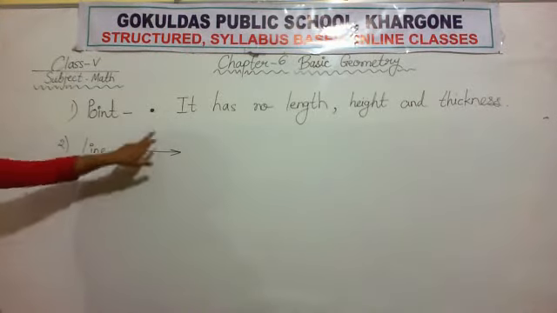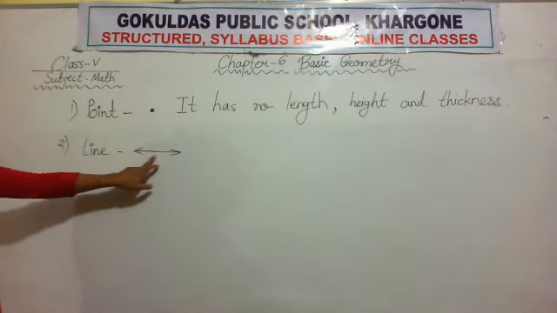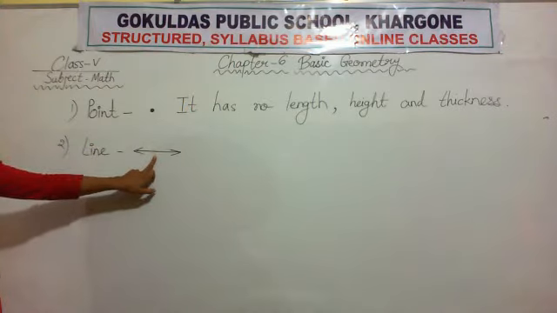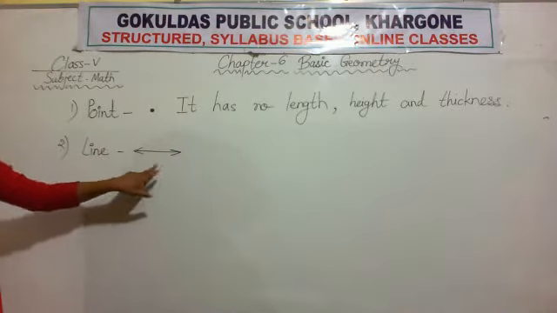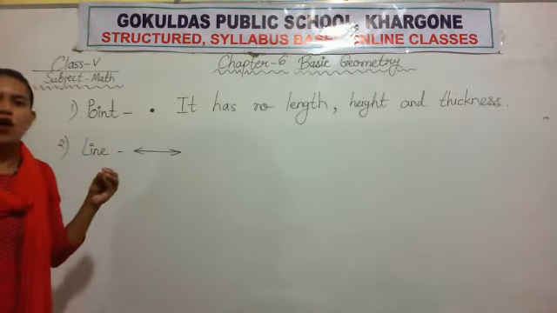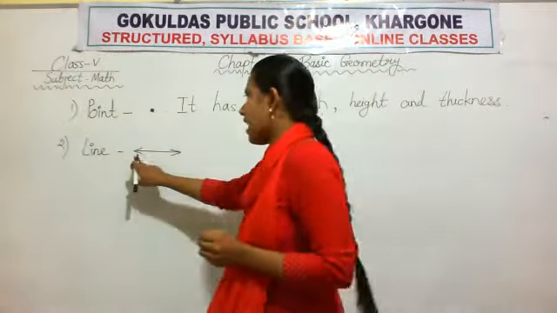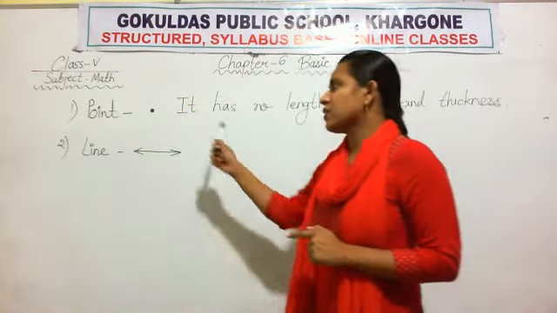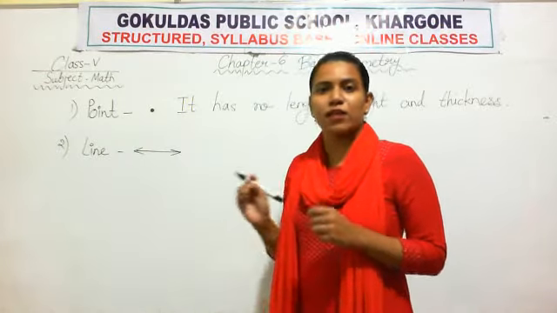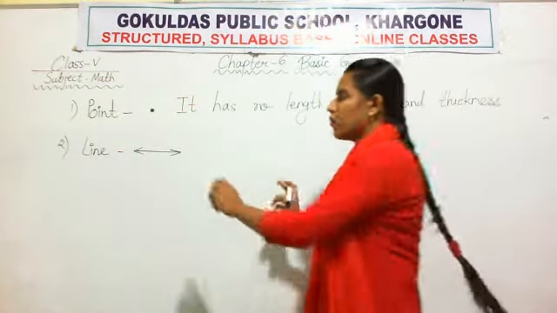This is the symbol for point. This is the symbol for line. A line has arrows on both the ends, which indicates that we can extend the line in both directions. What does this arrow mean?